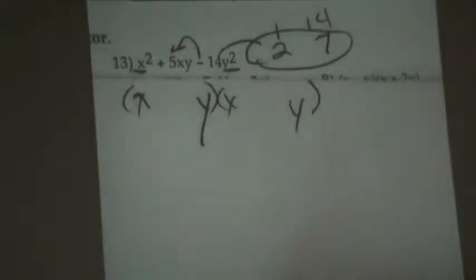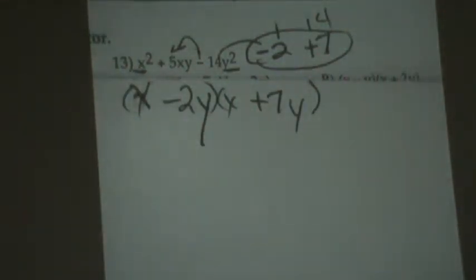Yeah, they subtract to give you 5. Positive or negative 5? Most of them do. Positive 7, negative 2. Okay?